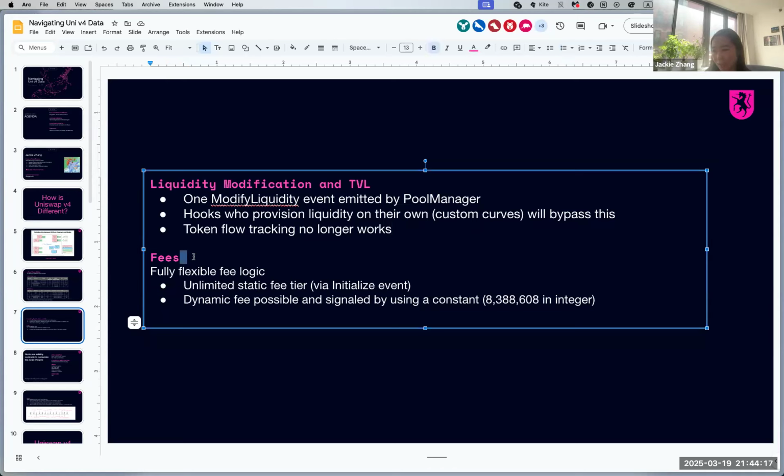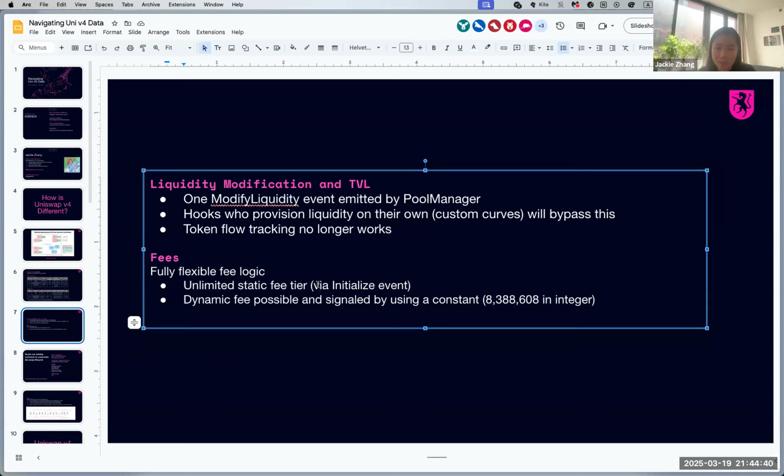Okay, on the fee specifically, V2 doesn't have a fee tier, right? V3 has a set of 5 or 6 fee tiers that come pre-built. And with V4, there are 2 types of fees you can specify. You can specify a static fee during the pool initialize stage, and you can do whatever you want.